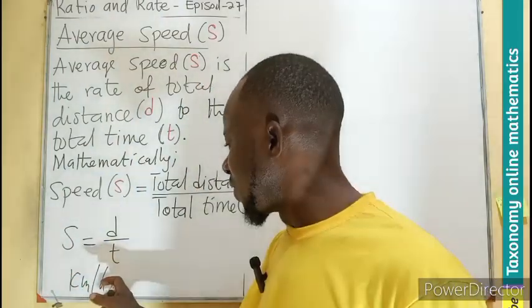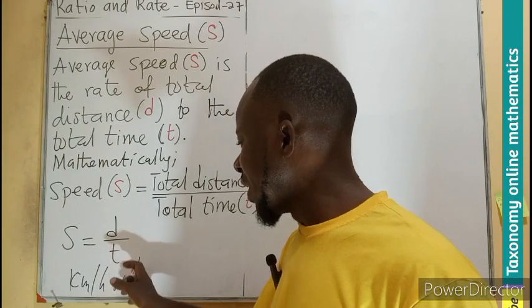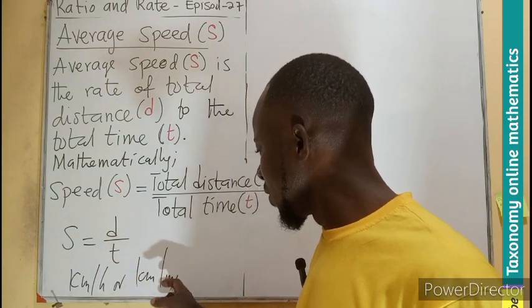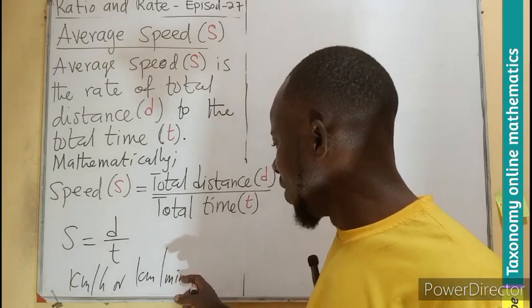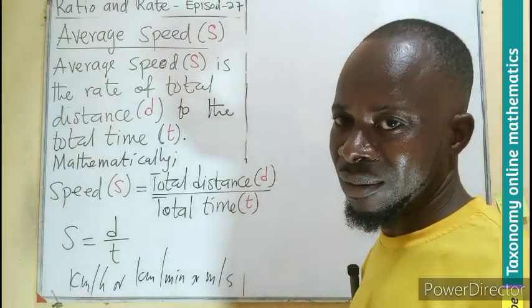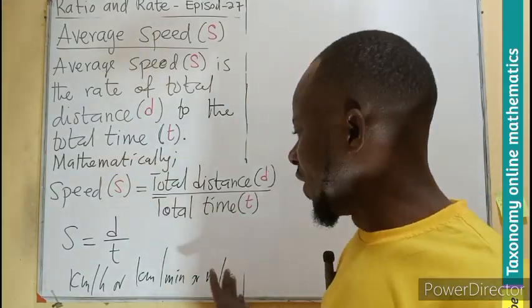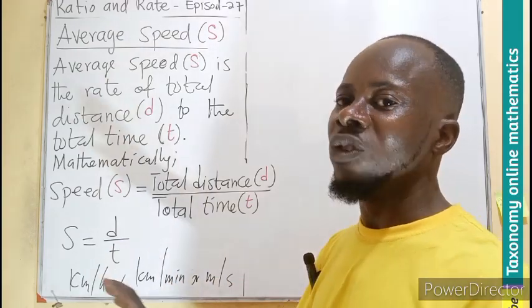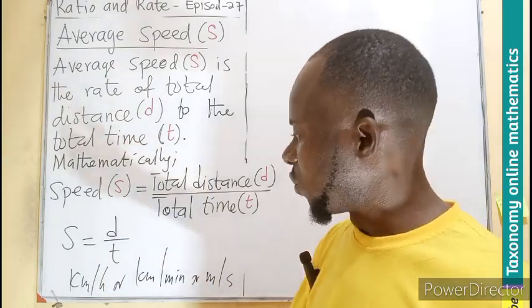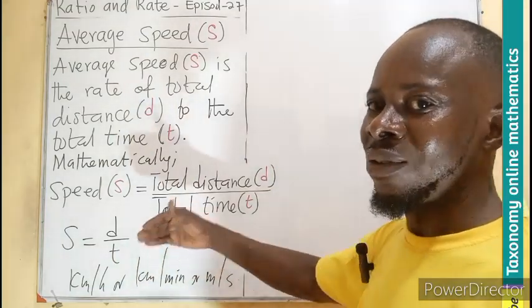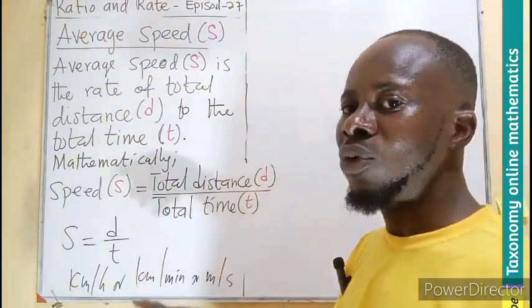We can also have it measured in kilometers per minute. We can also have it measured in meters per what? Seconds. So these are some of the units into which the measurement of speed will be calculated. So the question may ask for this, or ask for this. Regardless of whatever is asked, you should be able to convert.